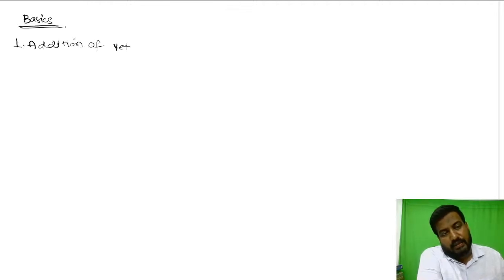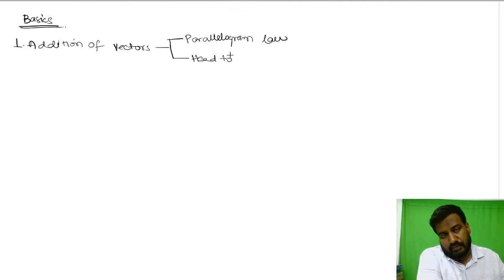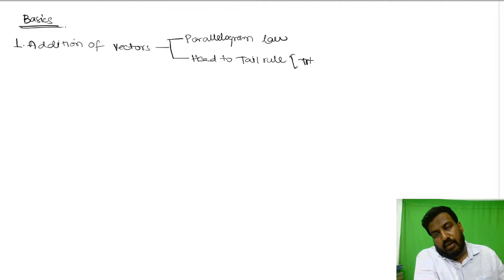Addition of vectors, of course, by parallelogram law, and by head to tail rule. Head to tail rule is also called triangular law.